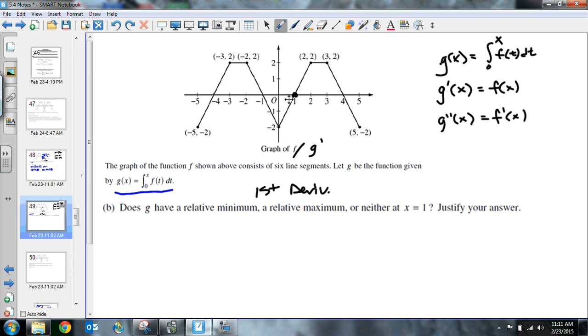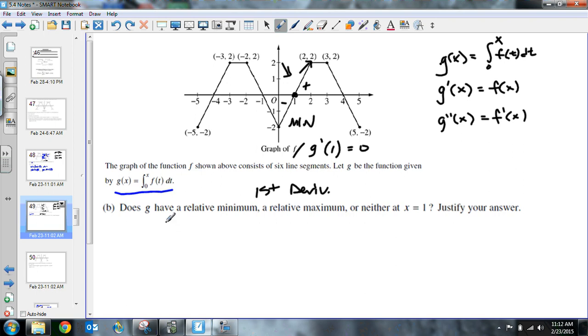What I know at 1 is that g prime of 1 is equal to 0. So that means we're going to have some sort of extreme value here. But what we see is that my first derivative changes from negative to positive. Because of that, I know that g is decreasing and then switches to increasing. So I end up having a minimum here.